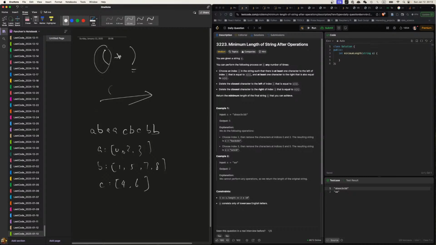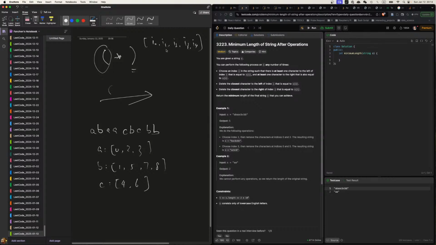After you transform, the question is what's the maximum you can remove? Let's say we have I0, I1, I2, I3, I4.